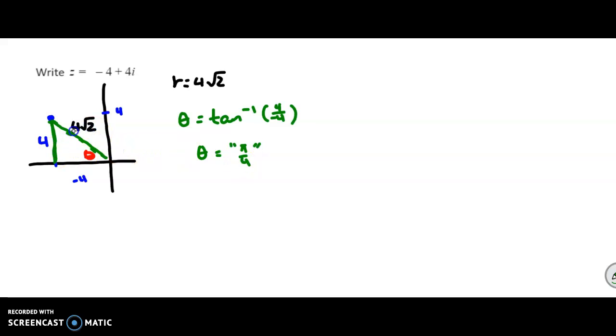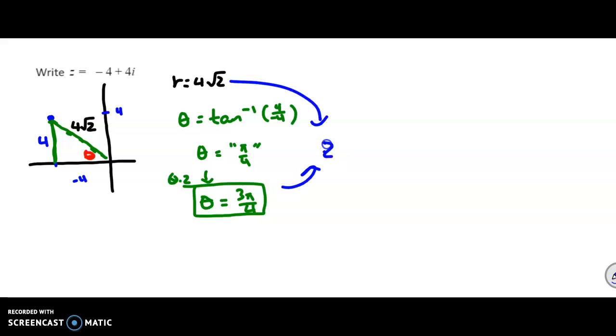But since we're in quadrant 2, your angle measure here is 3 pi over 4. Okay, there it is. I have my r value. So putting these together in polar form, this is going to equal 4 root 2 cis 3 pi over 4.